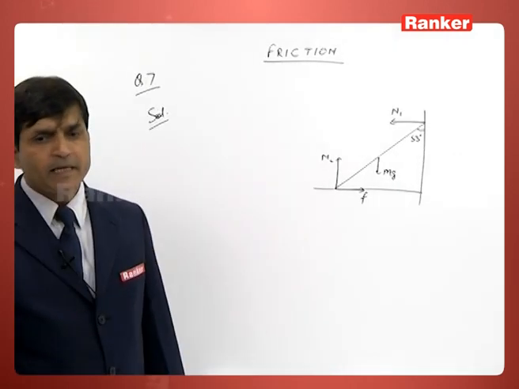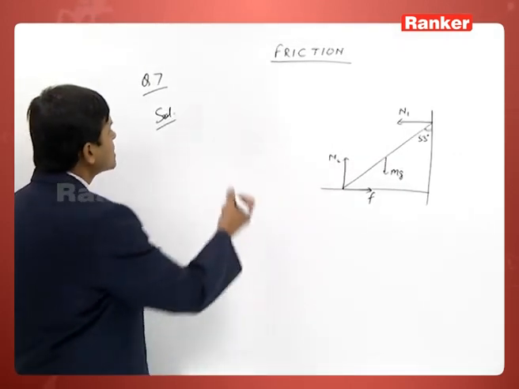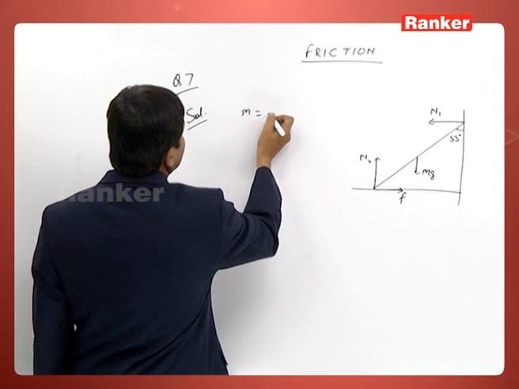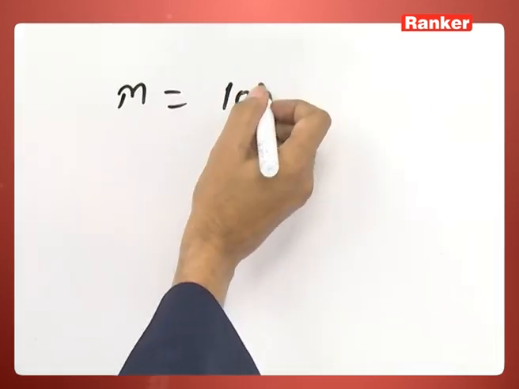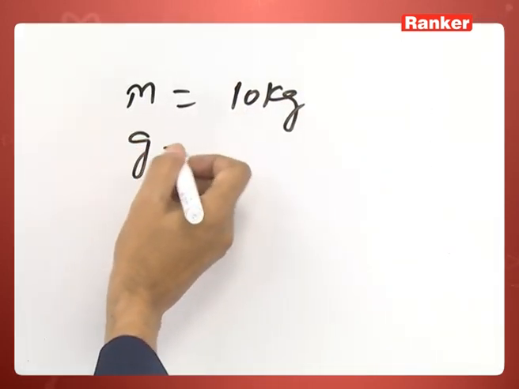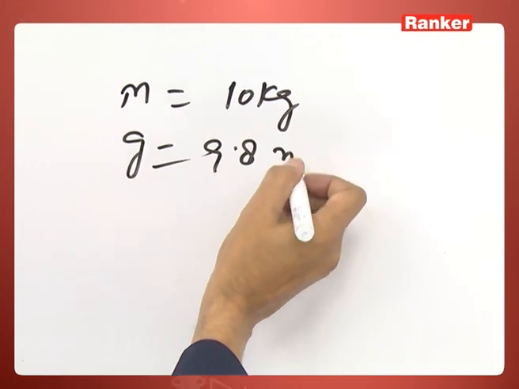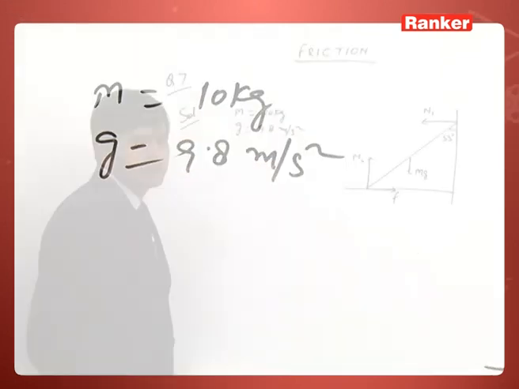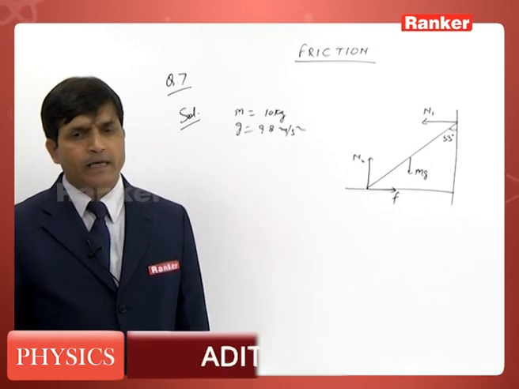So we have to determine all these values. The mass of the ladder is given here, 10 kg, and let g be equal to 9.8 meter per second square.